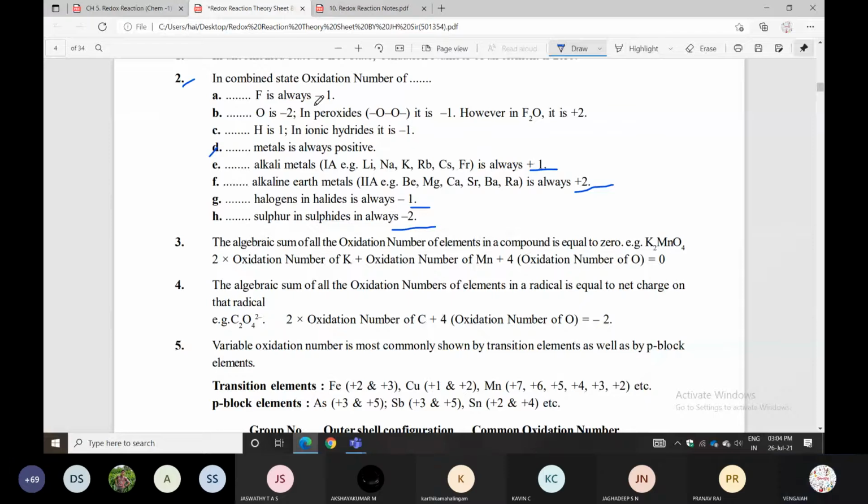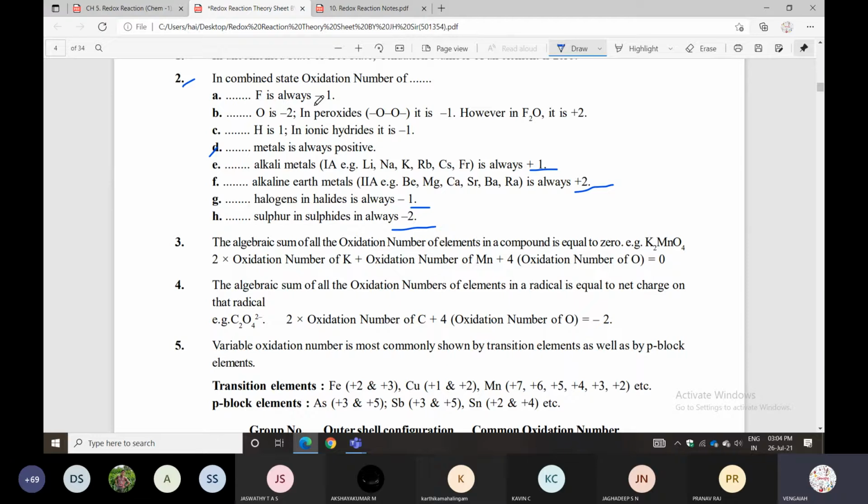The algebraic sum of all the oxidation numbers of the elements in a compound is equal to 0. For example, K2MnO4 is given. Here there are 2 potassiums: 2 times the oxidation number of potassium plus the oxidation number of Mn plus 4 times the oxidation number of oxygen is equal to 0.